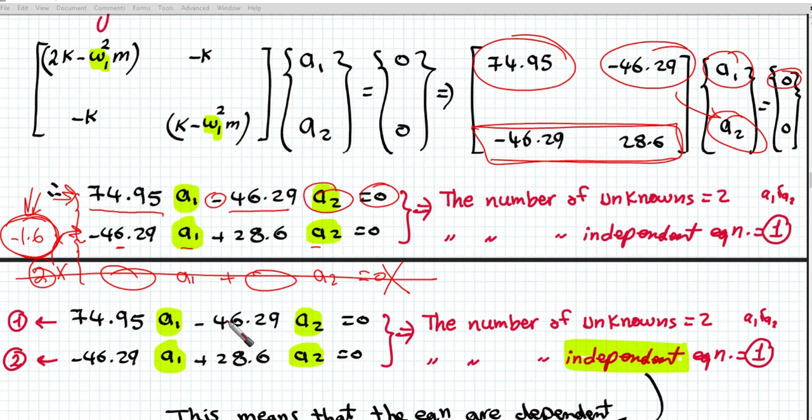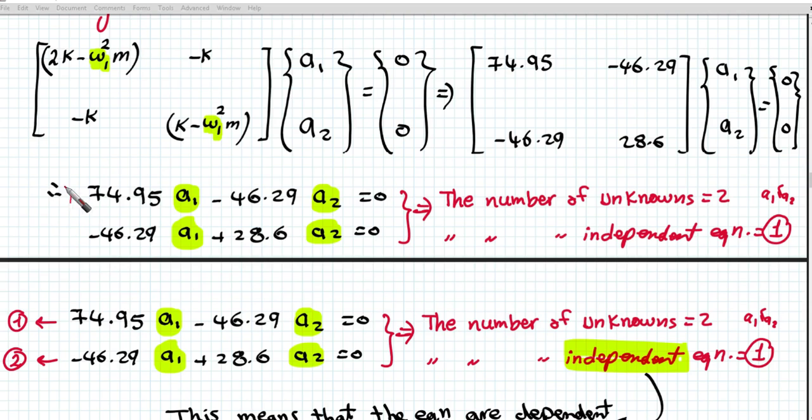This is what we call independent equations: the number of equations, 1, 2, is more than the real number of equations. The number of independent equations is one less than the number of unknowns.